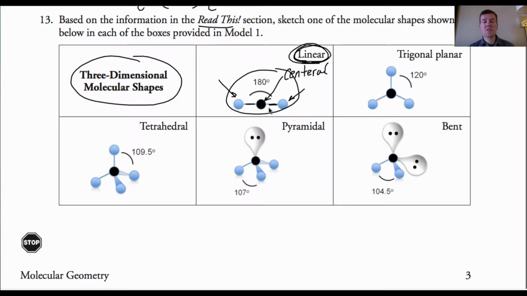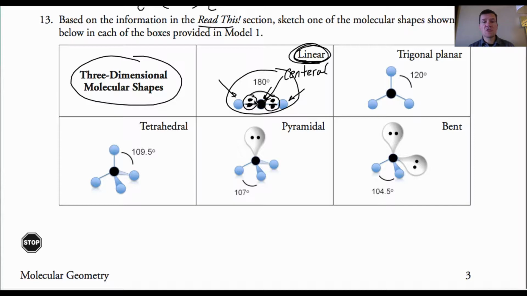Well, those bonds are representing shared pairs of electrons. So this might be a pair of electrons right here. This might be a pair of electrons. Since there's only one line there, it could represent just a single bond, but it could be a double or triple bond as well. But I just know that there are electrons in this area. Probably it is going to be multiple bonds, as you'll see later on. But this is where electrons are being shared in between the two atoms, in between the two nuclei. So I'm looking for a central atom that has 1, 2 electron domains around it, and that's it.